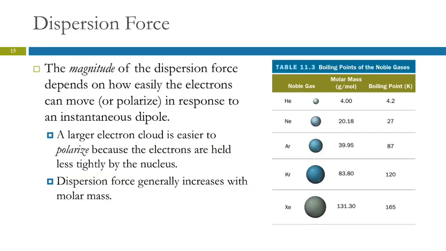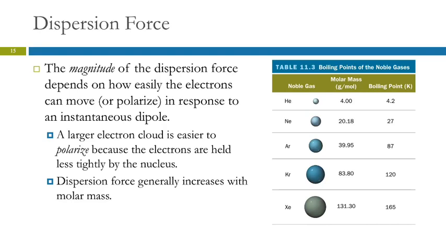No, I didn't. Okay. So the magnitude of the dispersion forces depends on how easily the electrons can move around, can be polarized, can get lopsided. If you have a large molecule or atom, I think of them as being big and flabby, right?